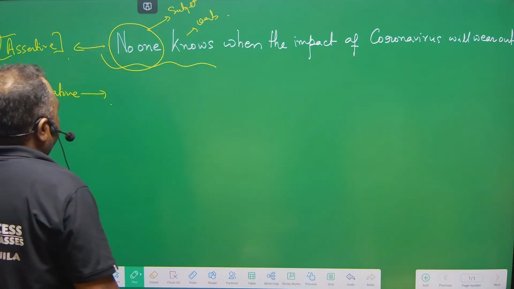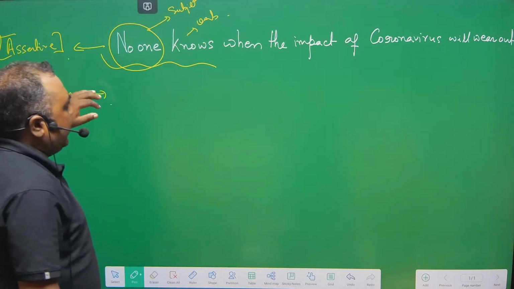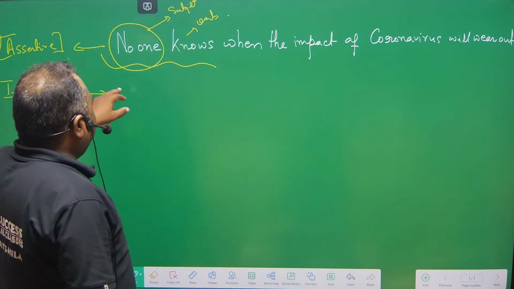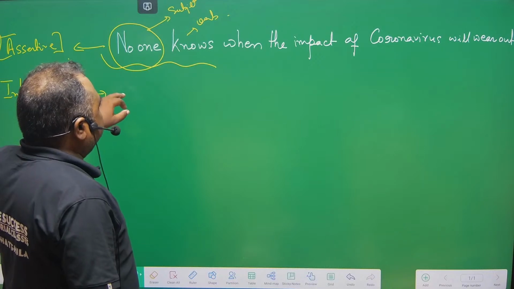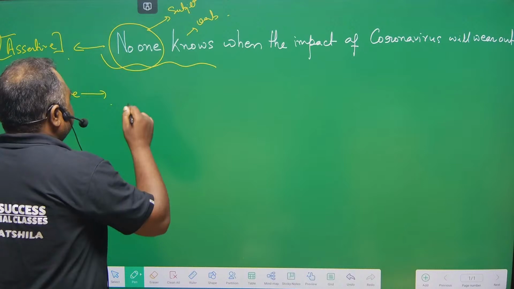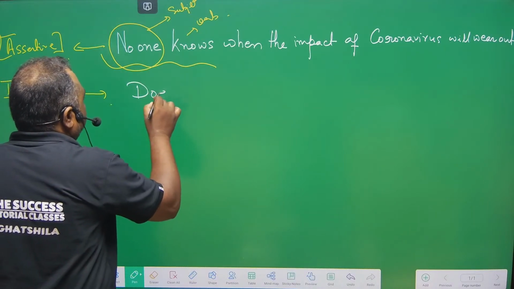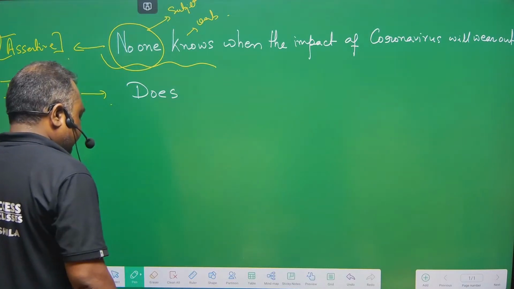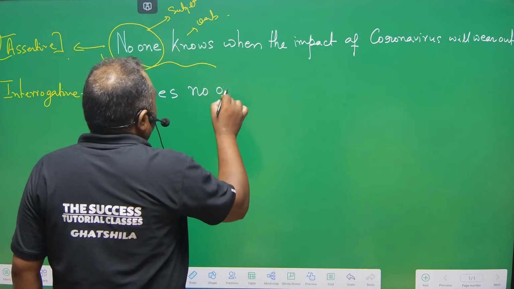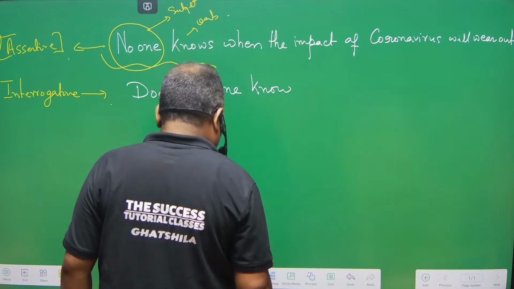So remember one thing. When we change an assertive sentence into an interrogative sentence, what do we have to do? We have to start the sentence with the helping verb. So what will we use? Does, D-O-E-S. Does no one know.